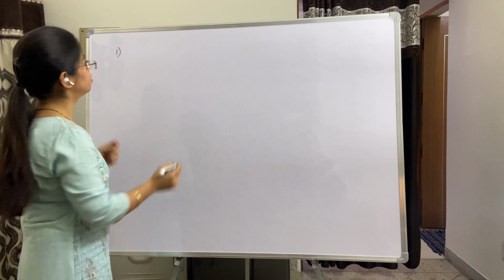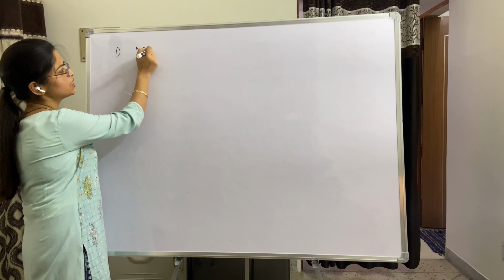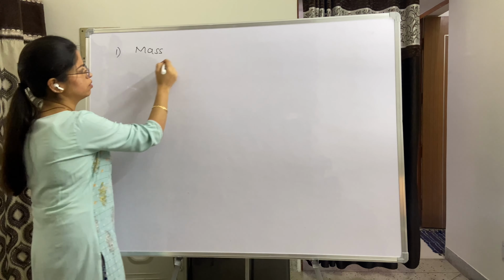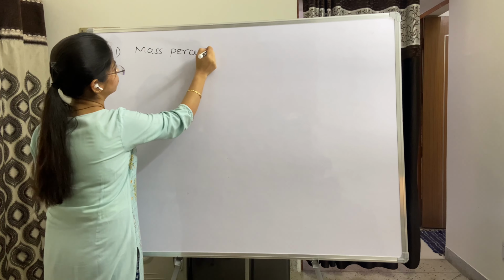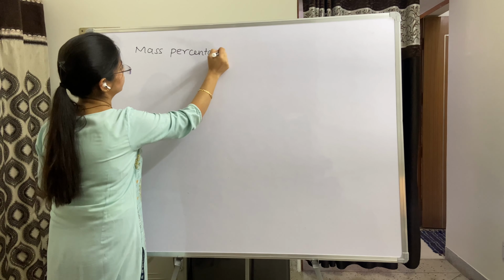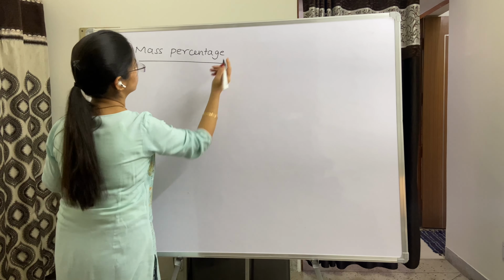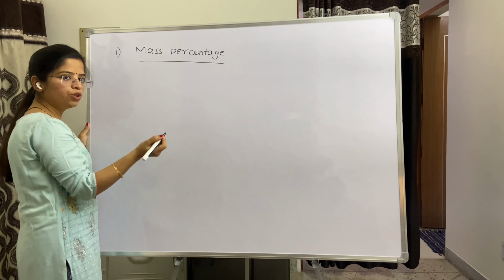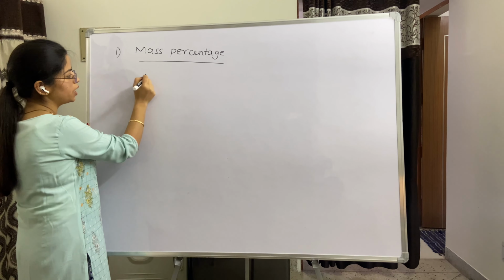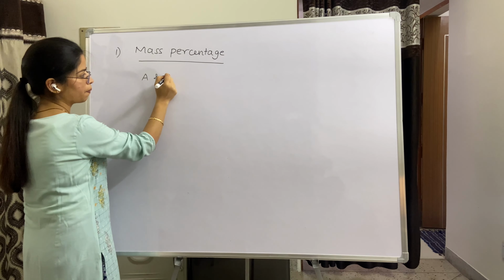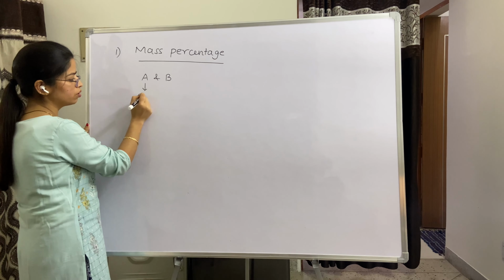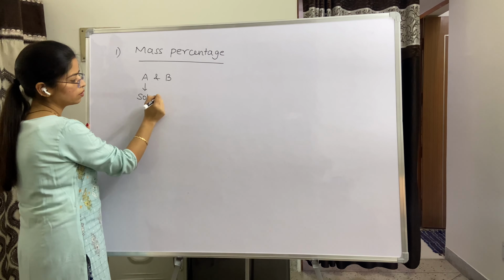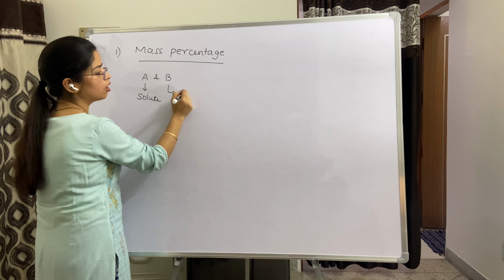The first method is mass percent, which is, I guess, the easiest method. Let's say in a solution we have two components A and B. Here we are saying that A is the solute and B is the solvent.